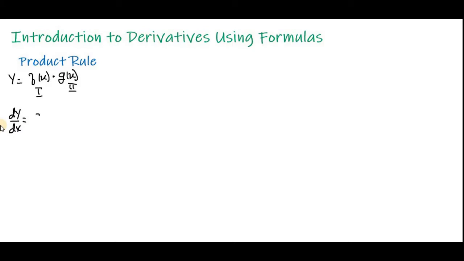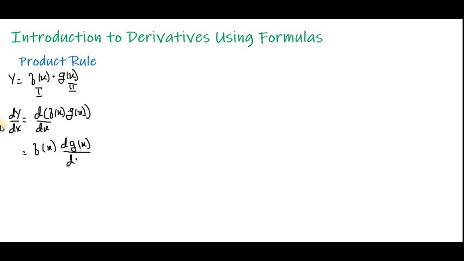Now we write dy by dx is equal to d by dx f of x into g of x. Now the first function will remain as it is.